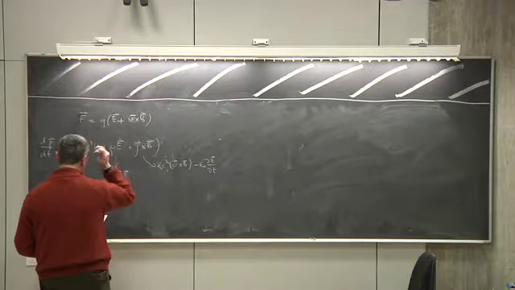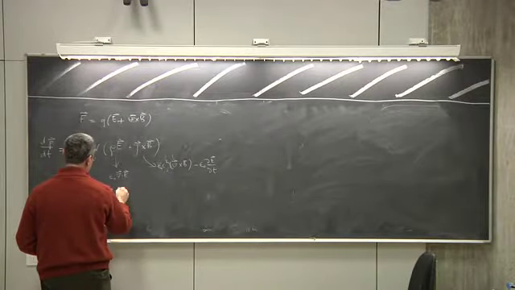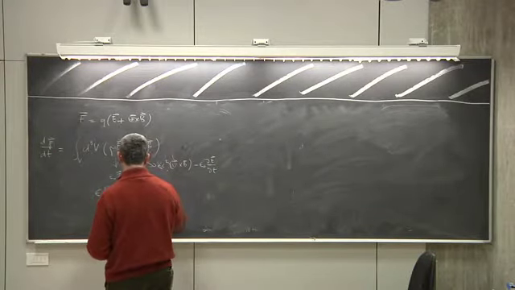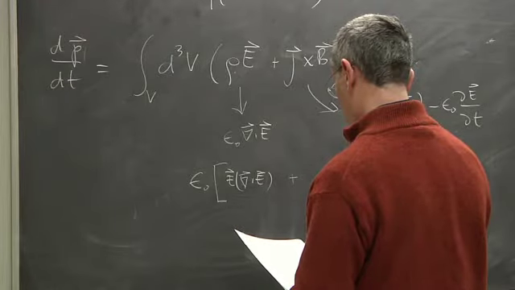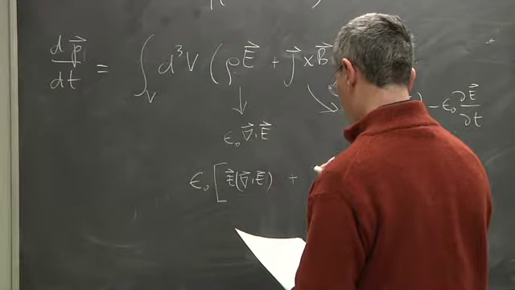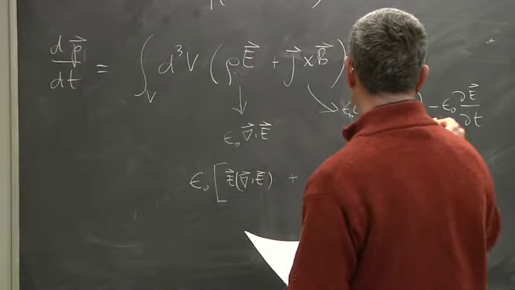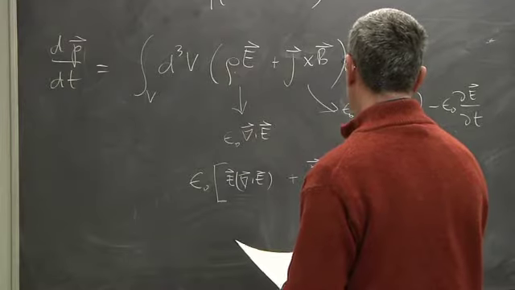Then the first term is just E times the divergence of E. Then I have two terms, plus B cross dE/dt, right?